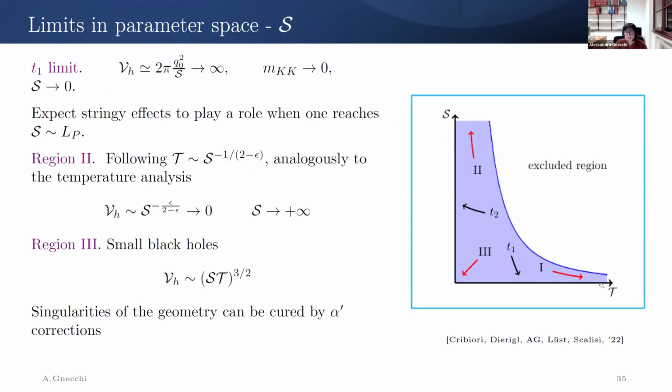I am surveying the phase space of these black hole solutions and looking at these limits, trying to find similarities and analogies with the limits in moduli space that, because of the swampland conjecture, tell me that there's a breakdown of the EFT at infinite distance.